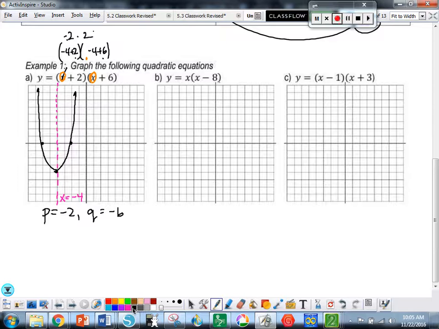Those are the x-intercepts. Okay. You're off. Okay. And then how do you?